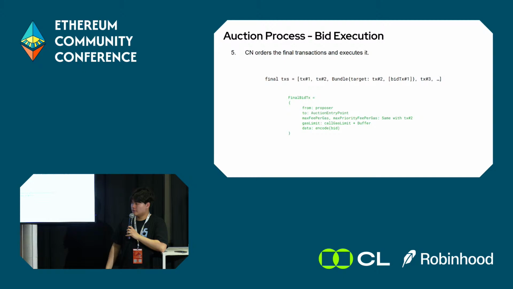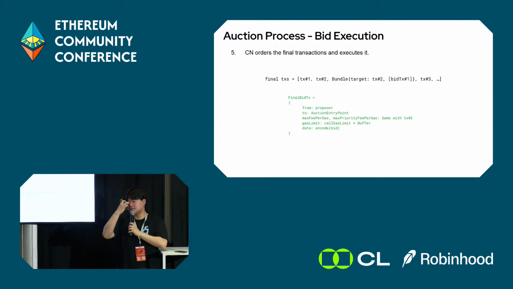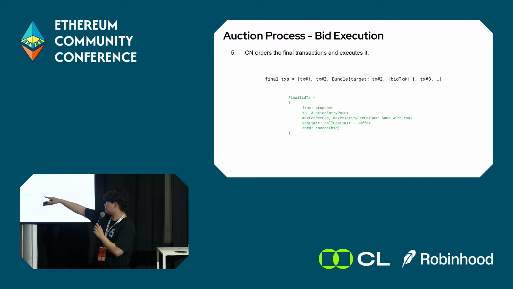And after the validator receives the winner's bid and the target transaction, it will start ordering the transactions, and will execute the transaction if the validator is the proposer in that view. I mean in a round and the block number sequence, which is the terminology used in BFT. Anyway, they will order so that if the target of bid transaction 1 is transaction 2, then this bid transaction 1 should be inserted right after transaction 2.